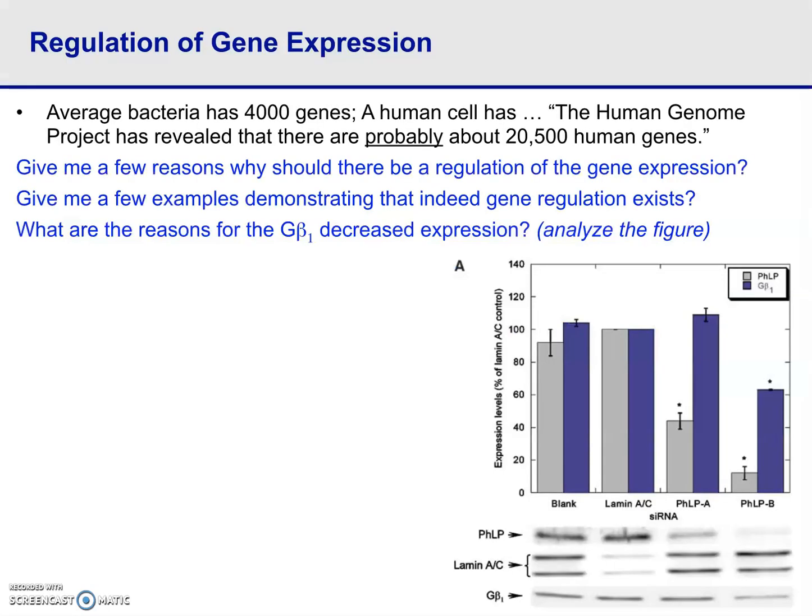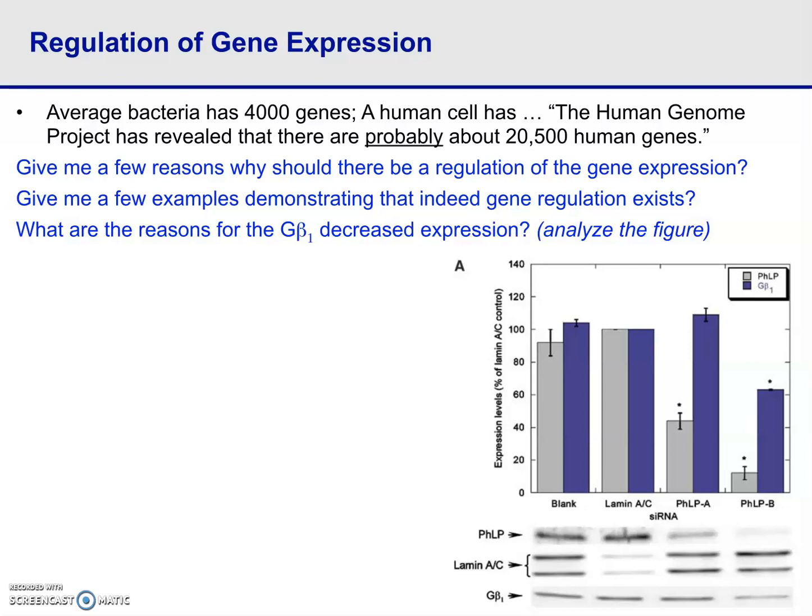To begin, it is noteworthy to say that bacteria have been estimated to have, on average, about 4,000 genes, while humans probably have about 20 to 23,000 genes.